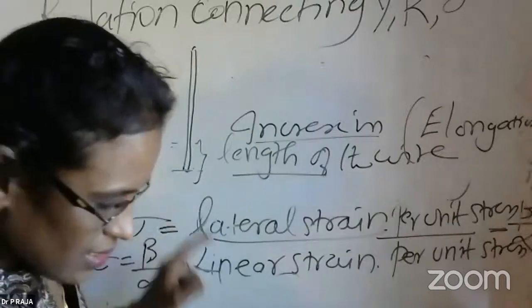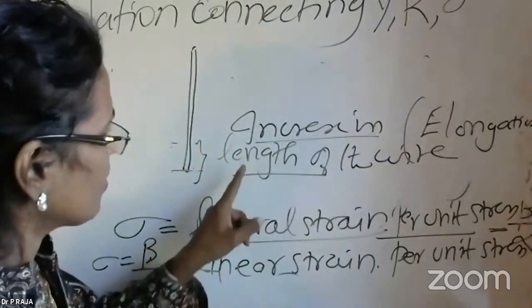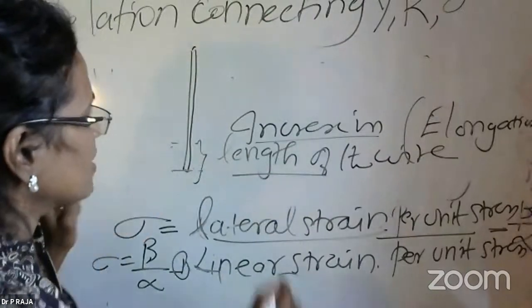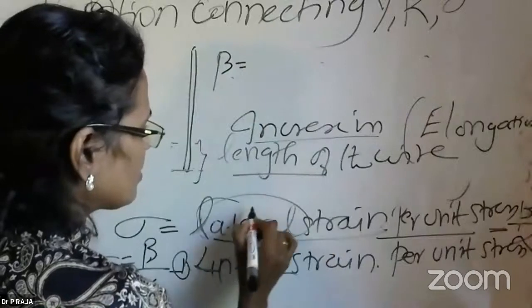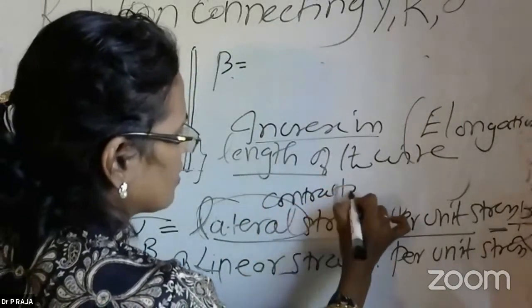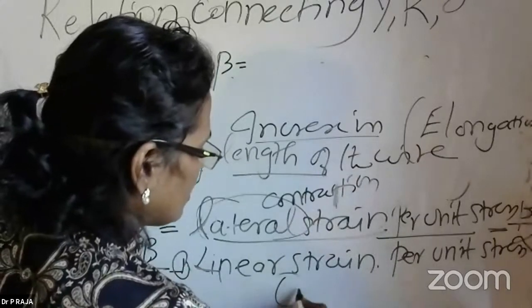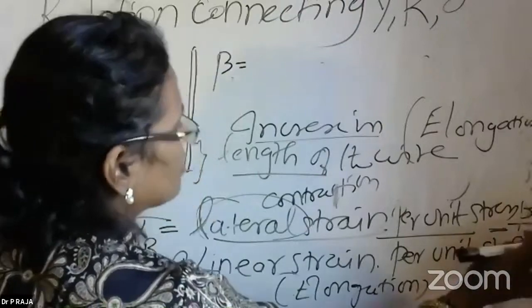The increase in the length is given by alpha. And at the same time, beta is the contraction. Sorry, this is a contraction, and this is an elongation.